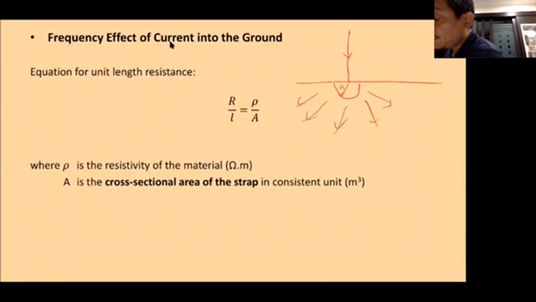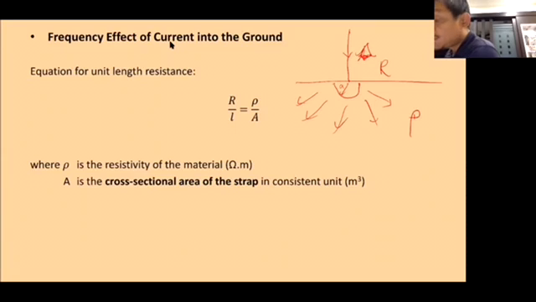So what it sees this way is R, resistance, and that resistance depends on rho. So you can say this is equivalent to the resistance R seen by the current.